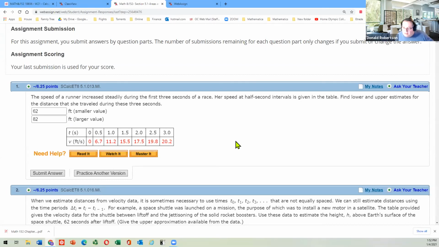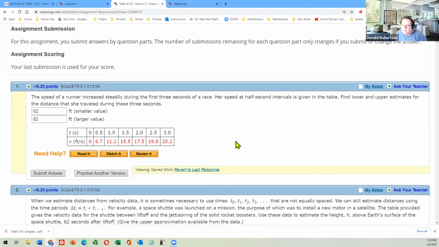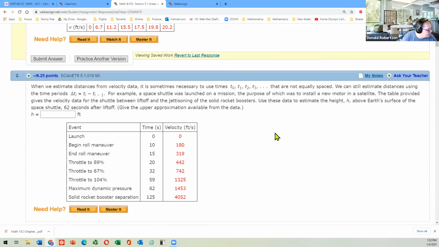Can you tell that I know that because isn't this table increasing? So if you plotted that, wouldn't this be an increasing function? And when it's an increasing function, doesn't the L and the R give you an upper and a lower estimate, right? So the two answers, the biggest one goes here and the smaller one goes there.